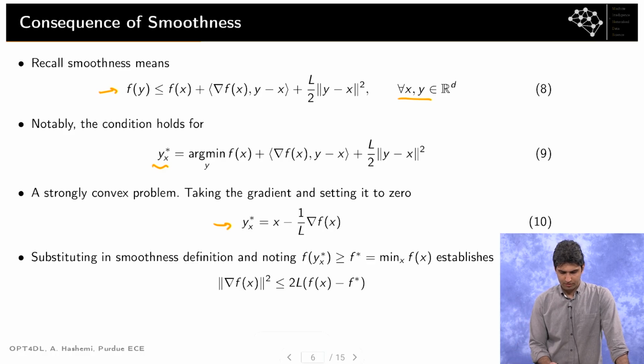Now, we just plug this into equation 8 again, into our definition of smoothness, and note that whatever this y star of x is, its function value is at least as large as the optimal function value f star.